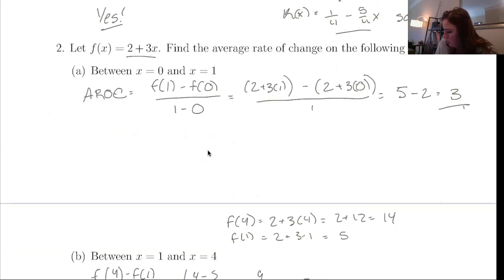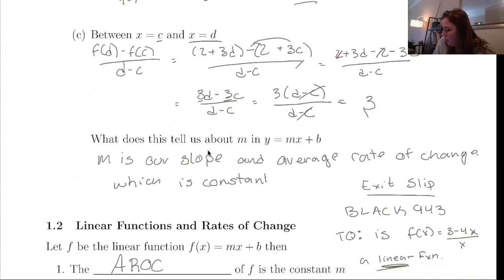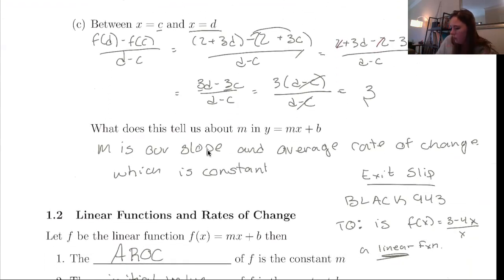And we found out each time, even if I wasn't given numbers, we did it with x equals c and x equals d, I'm still getting the same number out, even if I'm varying the size of the interval. So we deduce from there that m in our f of x equals mx plus b is our slope, and it's also the average rate of change, which is constant.